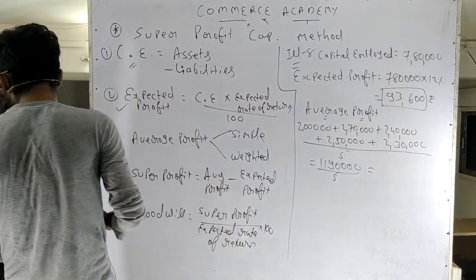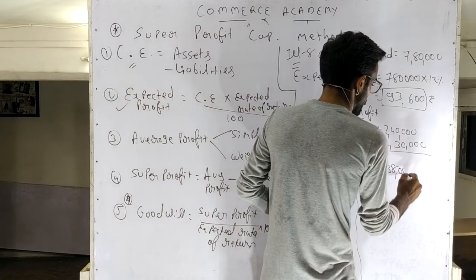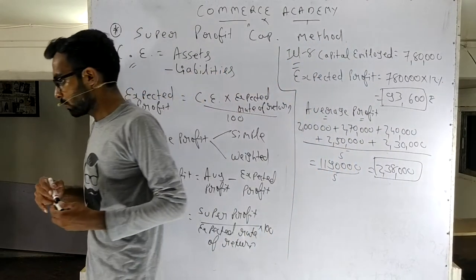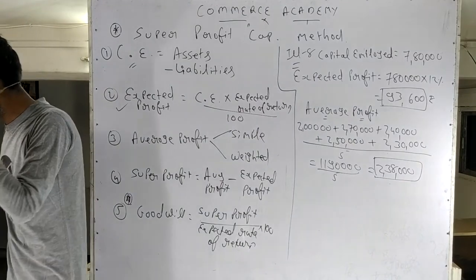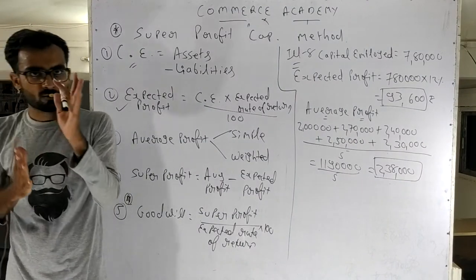So the answer will be 2,38,000. So the average profit for this question is 2,38,000. How do we get it? By doing the total of the profit given in the question and dividing by 5 years.